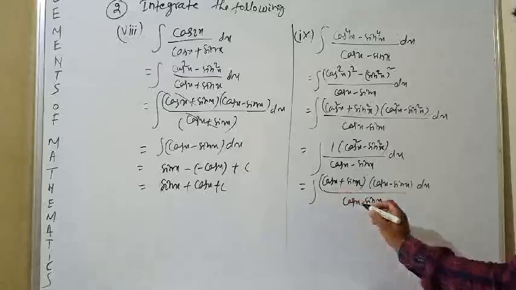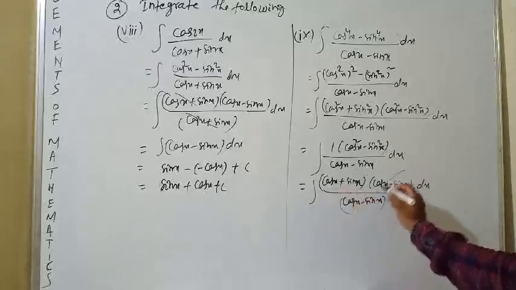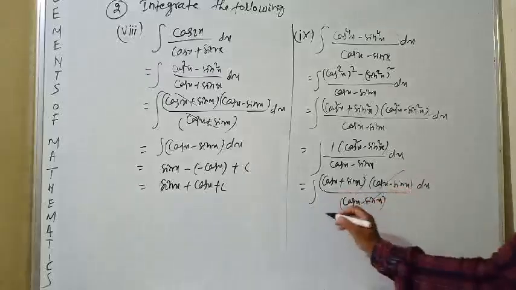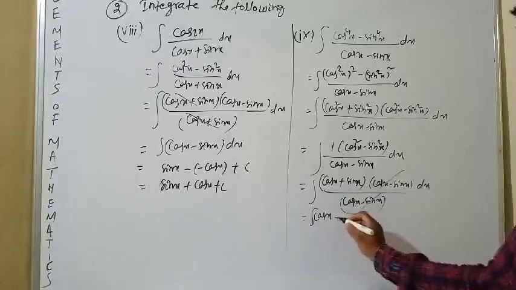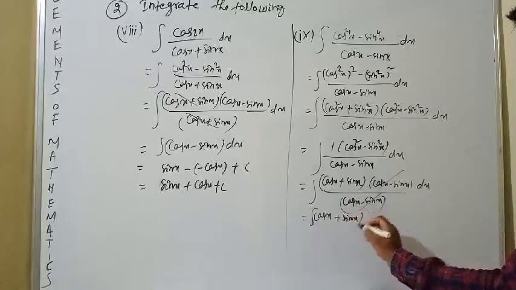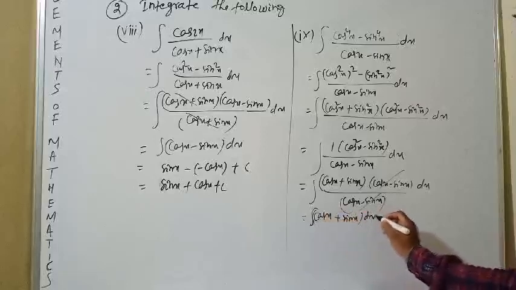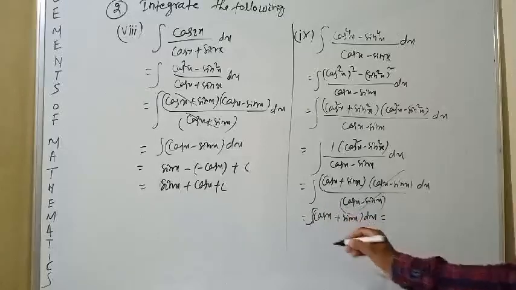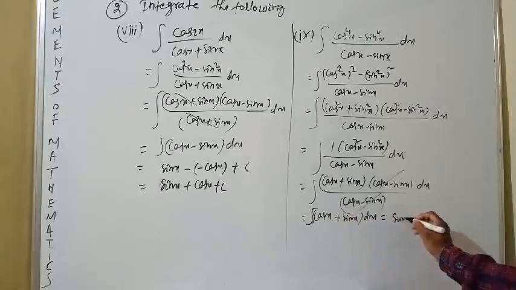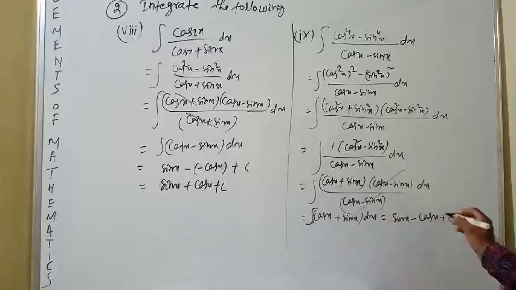Okay, you see, cos x minus sin x and cos x minus sin x, these two will cancel out, is equal to the integration of cos x plus sin x dx. Integration of cos x is equal to sin x, and integration of sin x is equal to minus cos x, plus c.